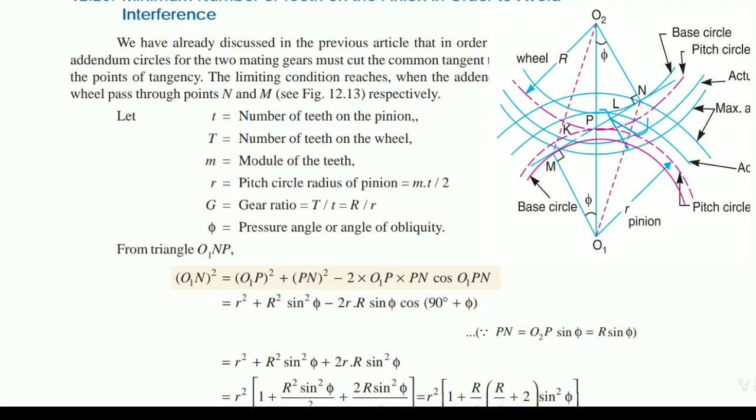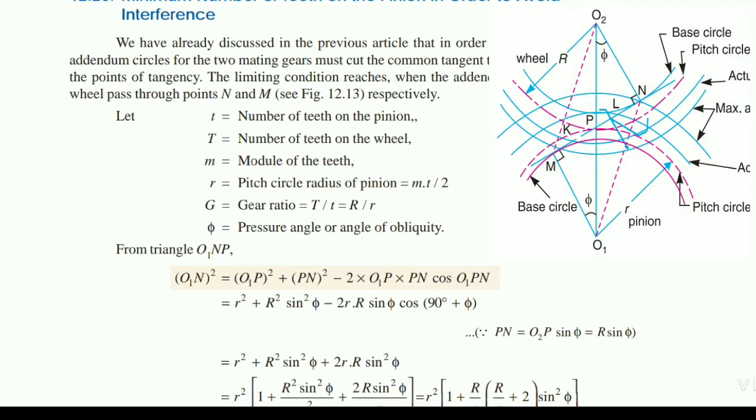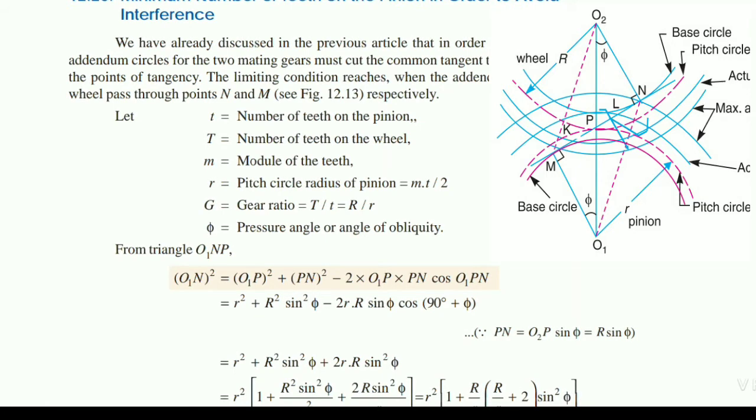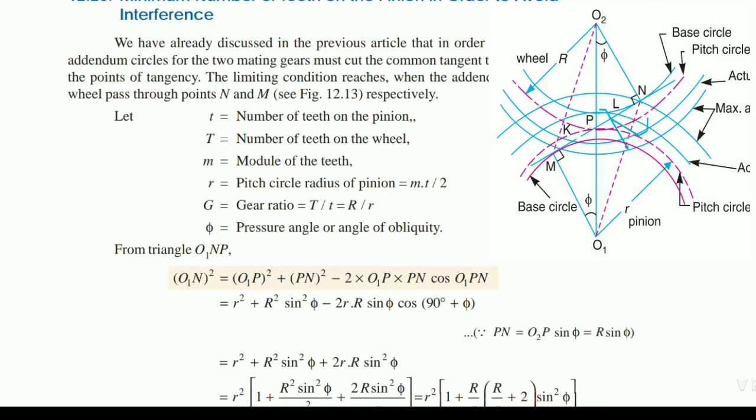Small r is the pitch circle radius of the pinion. It can also be written as mt by 2, where m is the module and t is the number of teeth. If you have the module and number of teeth on pinion, you can find the pitch circle radius.